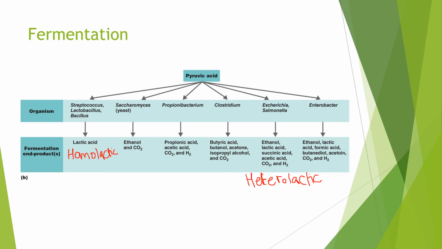As you can see, a Streptococcus bacteria right here would only make lactic acid, versus Escherichia and Salmonella, which can produce ethanol, lactic acid. They can also produce, as you can see, some gases.